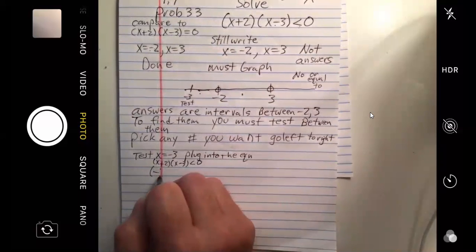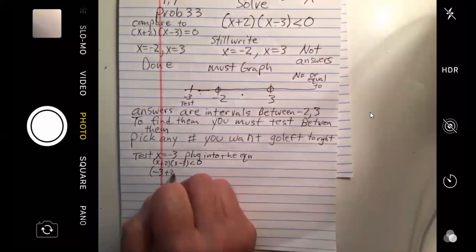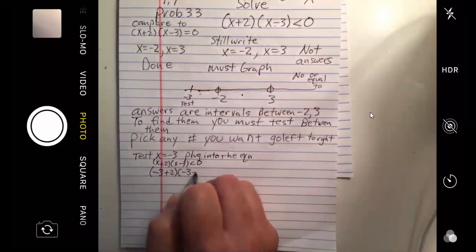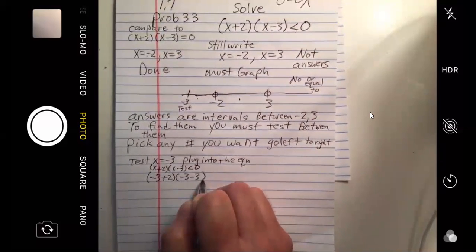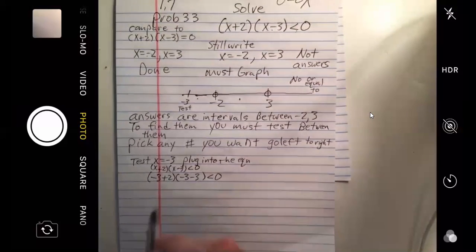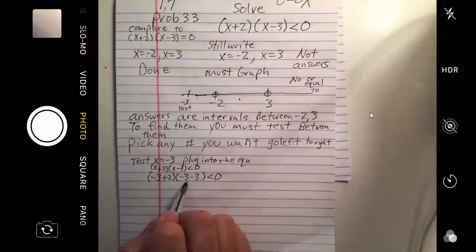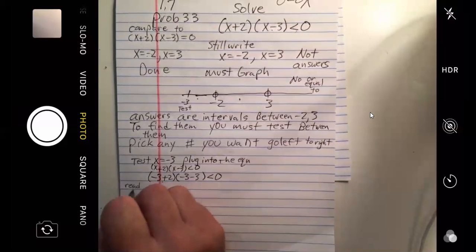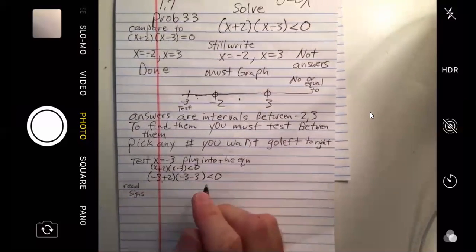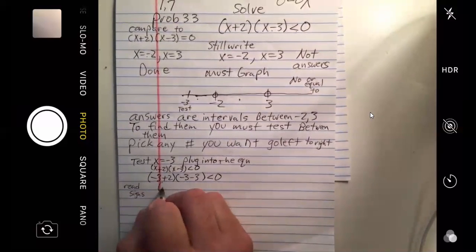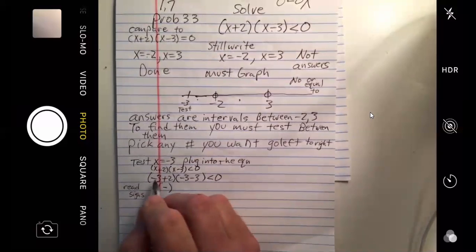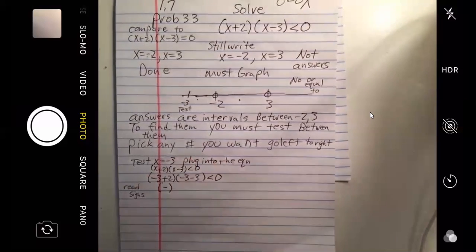That gives me -3 plus 2, -3 minus 3. I do not care about the exact number. Read the signs. If you want to figure the exact numbers, help yourself. But I know this is negative. It's actually -1, but I don't need the exact number.